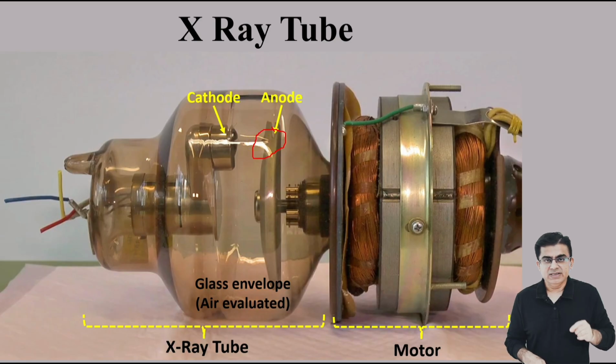The solution to this is to make the anode spin continuously so that the electrons do not strike a particular point all the time. They strike a continuously revolving track. This beautifully spreads the intense heat over a much larger surface area. And to spin this anode, we need this motor.